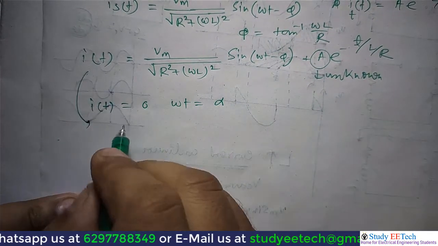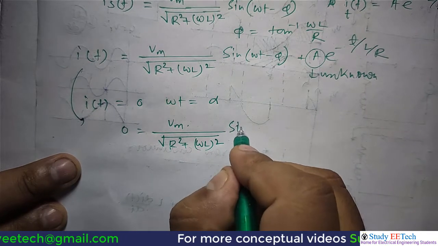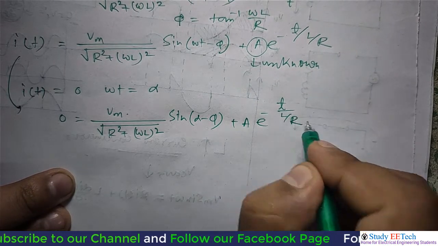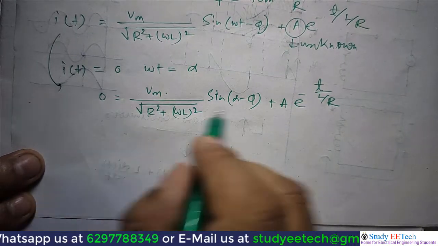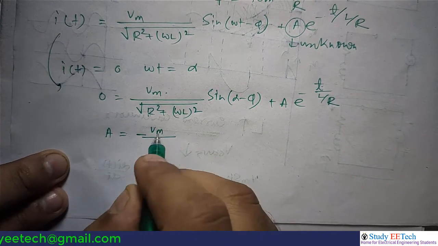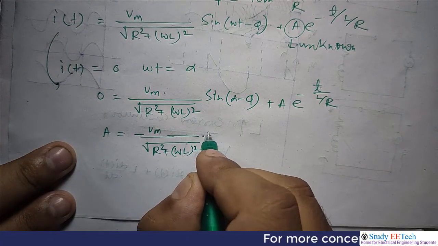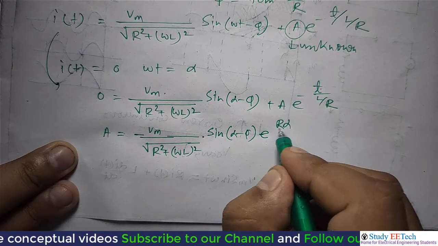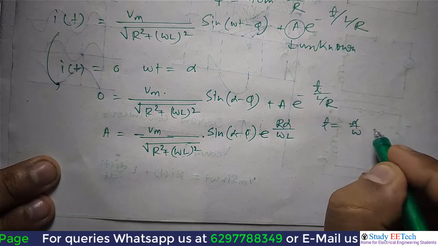Just by putting this value, 0 equal to Vm by root over R square plus omega L square into sin(alpha minus phi) plus A into e to the power minus t by L by R. From here, just by manipulating the value of t, we will get A equal to minus Vm by root over R square plus omega L whole square into sin(alpha minus phi) e to the power R alpha by omega L. Just putting the value t equal to alpha by omega, because omega t equal to alpha.